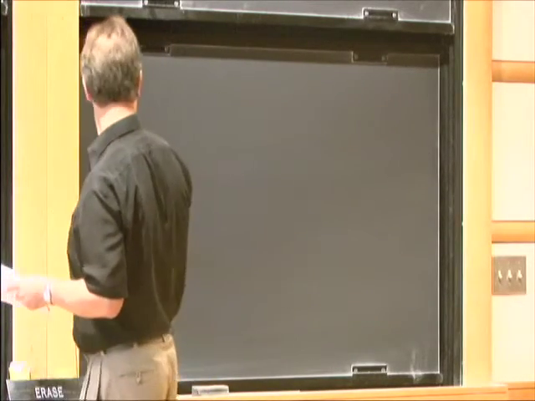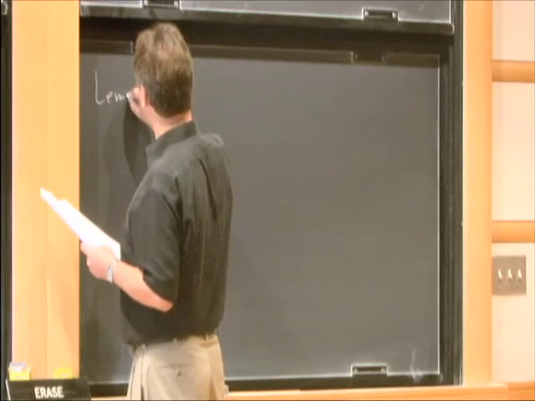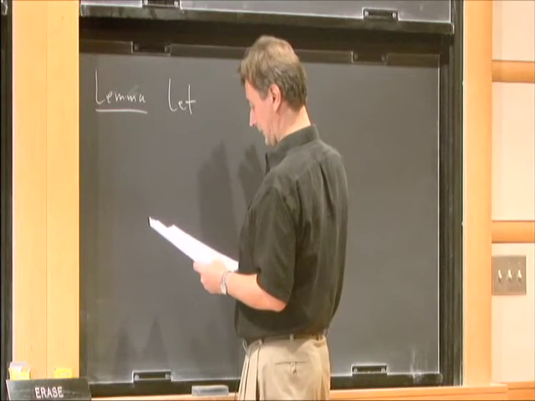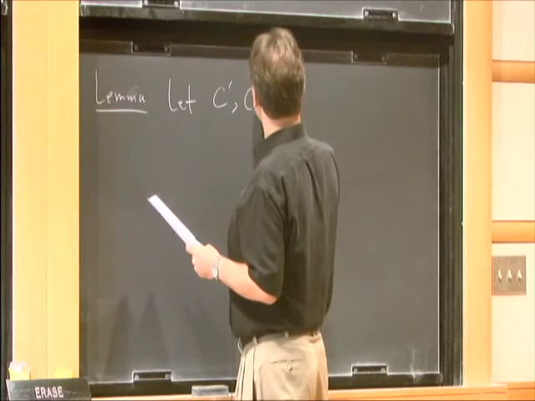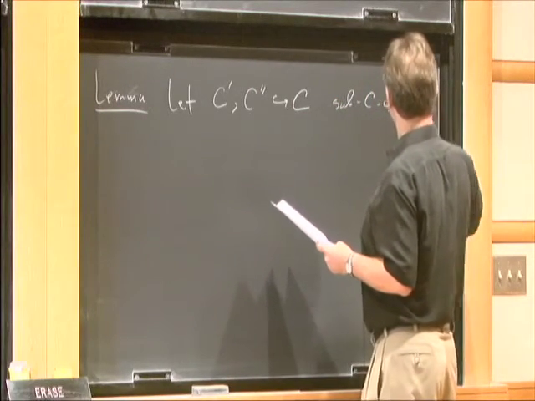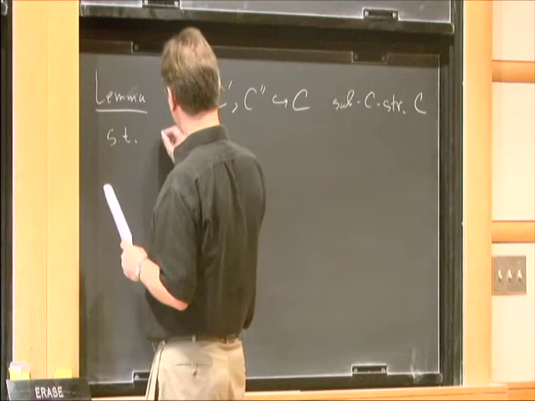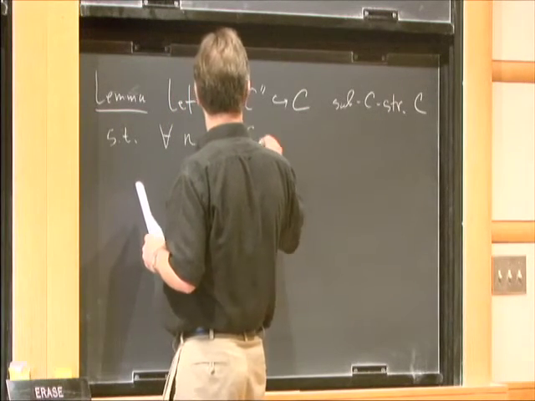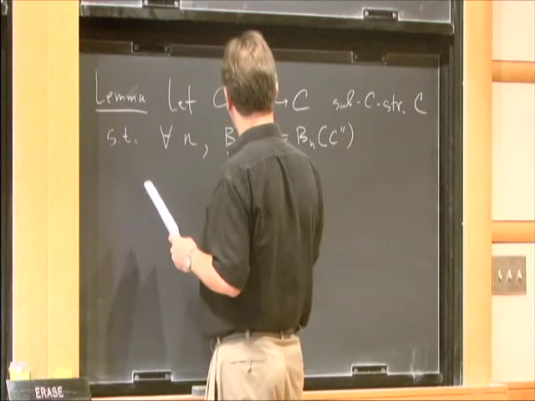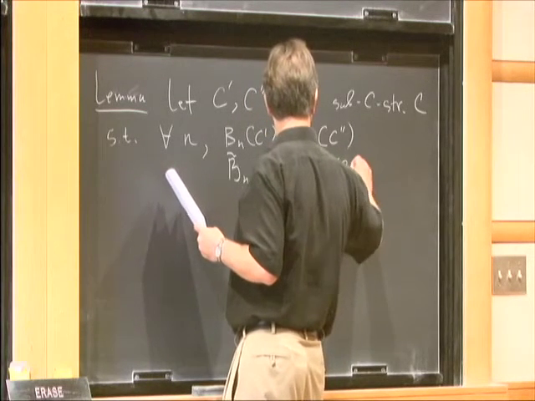Let's see if it is visible here. Yep. So, lemma: let C prime and C2 prime be two sub C structures in C, such that for every n, Bn of C prime equals Bn of C2 prime, and B tilde n plus 1 of C prime equals B tilde n plus 1 of C2 prime.